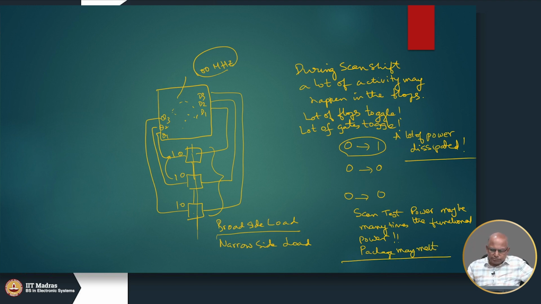It can happen because the person who designed the package designed it for functional power. But now we are arbitrarily applying all kinds of zeros and ones, causing a lot of power dissipation and thereby melting the package.